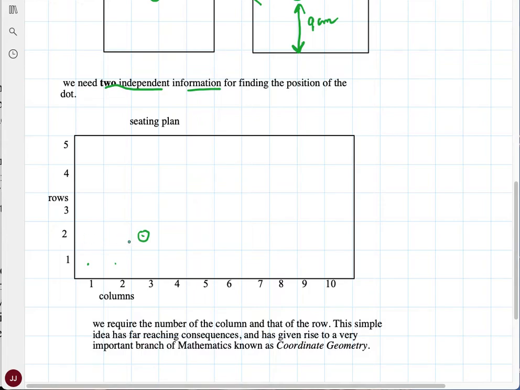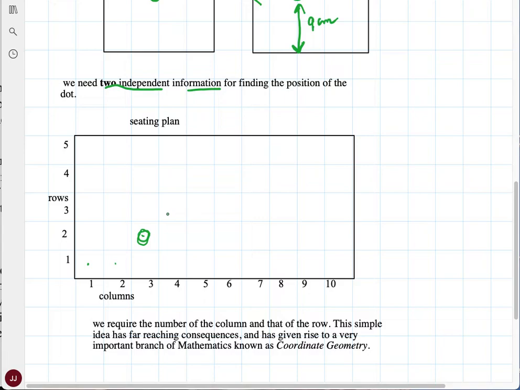So based on row and column, we can locate the student sitting in a particular position. That is, the column in which he or she sits and the row in which he or she sits.